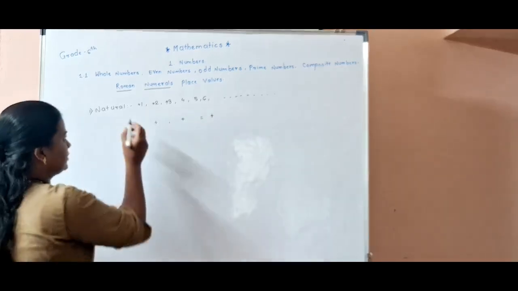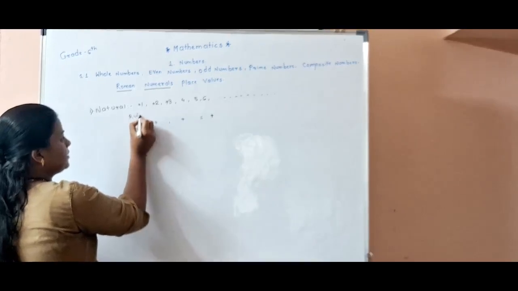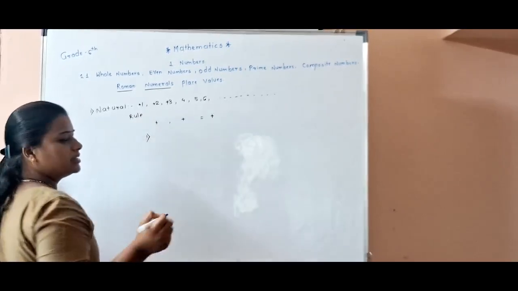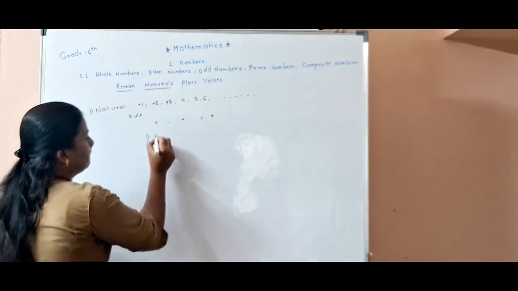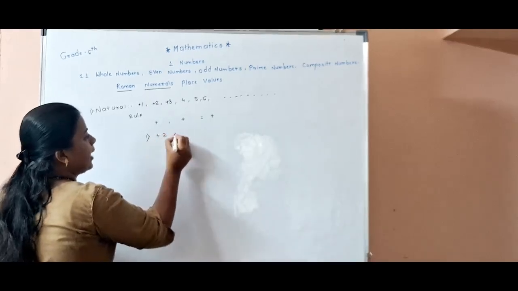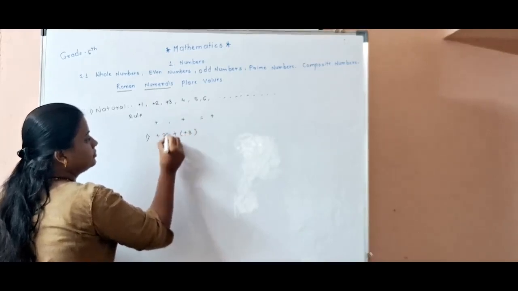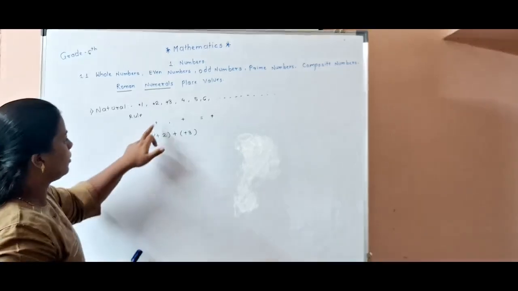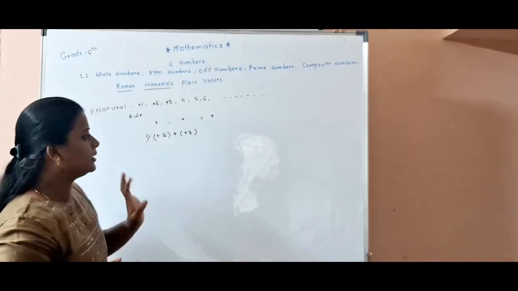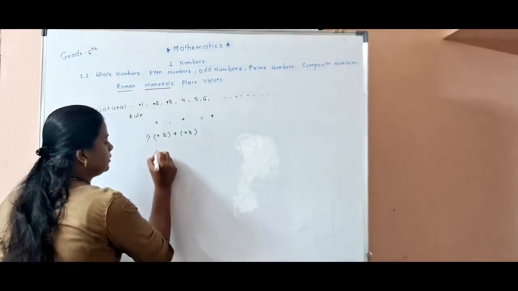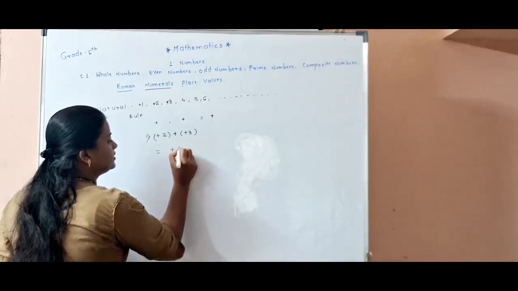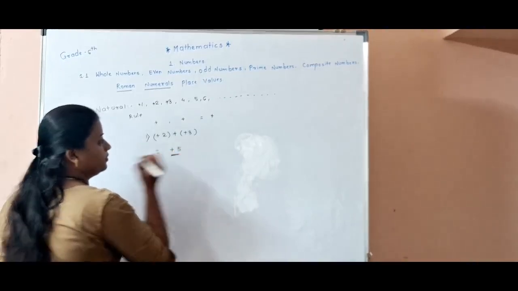I will explain this with an example. See how: plus 2 and again plus 3. This is positive, and plus will give you an answer in plus only, that is plus 5.